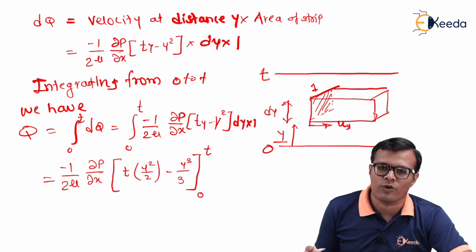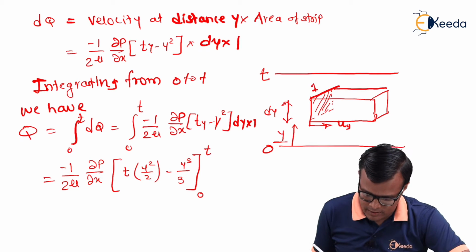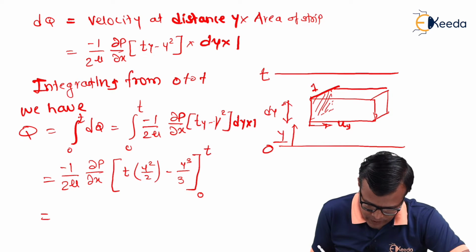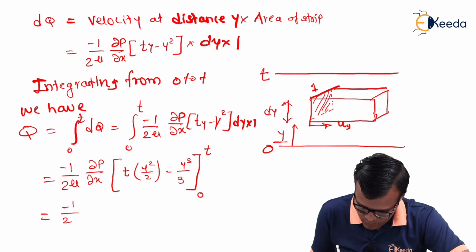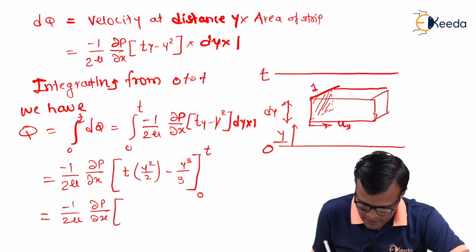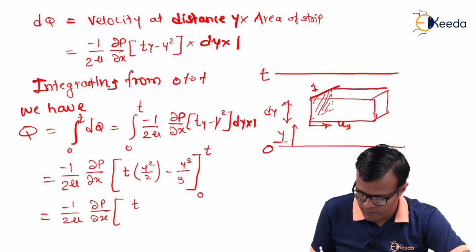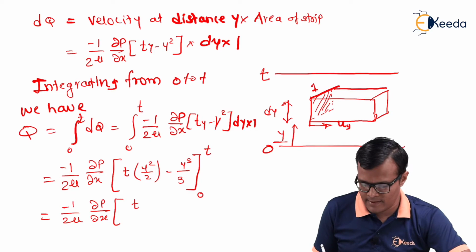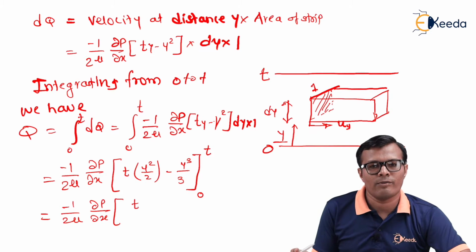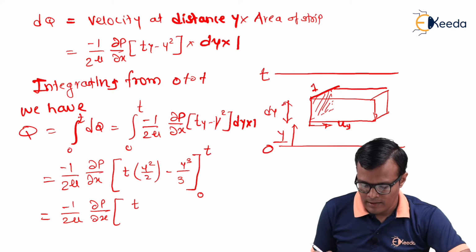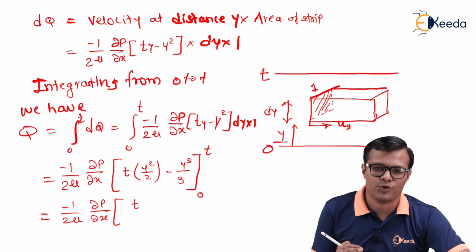Just putting the values of small t into the y term, we will have the equation as minus 1 upon 2 mu del p by del x in bracket. Firstly we will put the value 0, minus we will put the value t, then this negative sign will get absorbed.